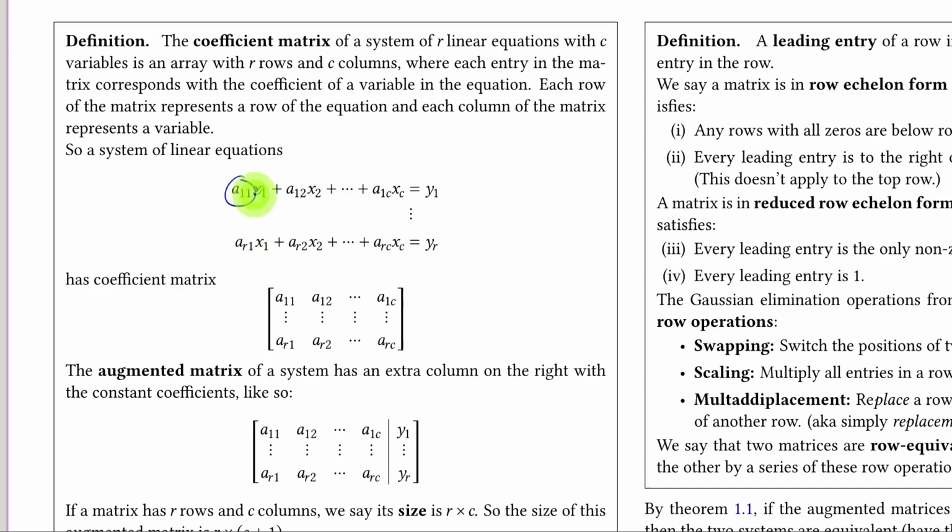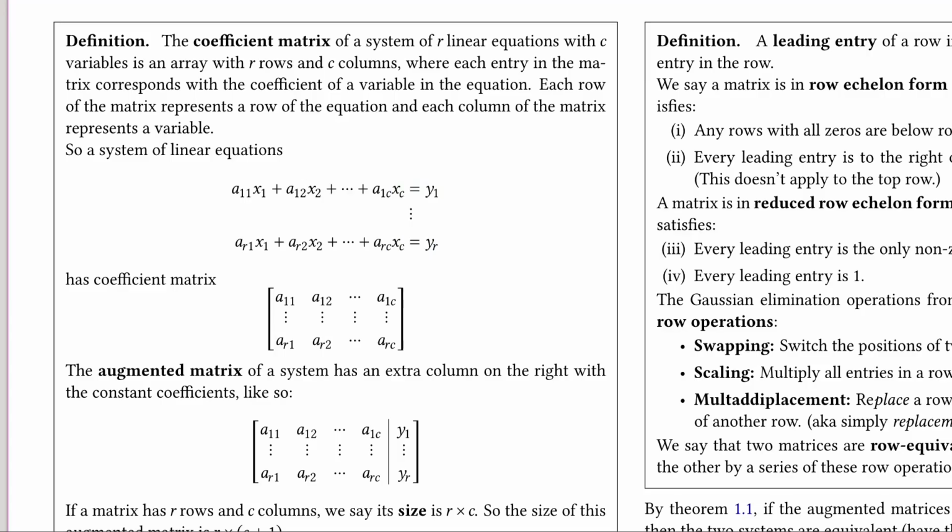Like a11 means the coefficient in the first equation of the first variable, x1, and a r1 means still a coefficient of x1, but now in equation r. So if we just keep track of those coefficients and what the constant coefficients are on the other side, maybe we don't actually need to write all those pesky equal signs.